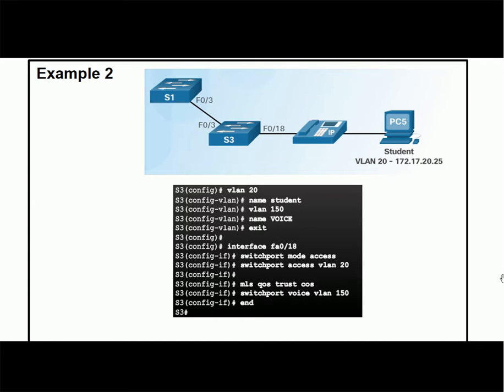Notice that we add additional commands here. Notice those additional keywords are MLS, quality of service, and trust, COS. Basically, the interface Fa0/18 with switchport mode access places port 18 into VLAN 20.